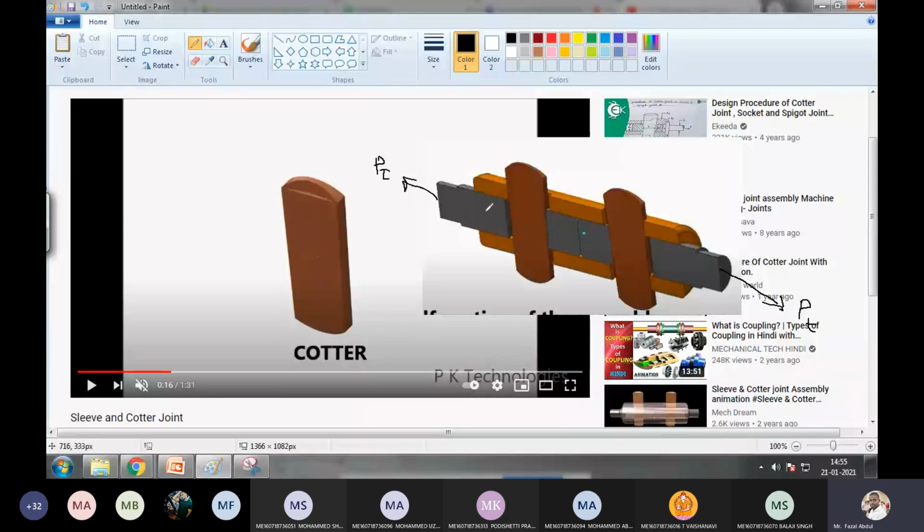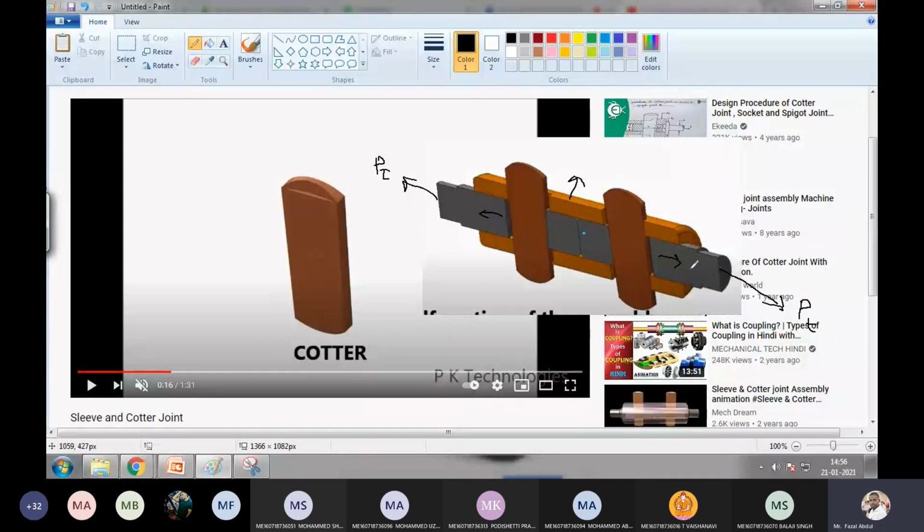The load is going to pull this rod in this manner. Now the sleeve, the rest of the portion, has no disturbance. For that reason, suppose the quarter is the weakest part in this joint, what happens?